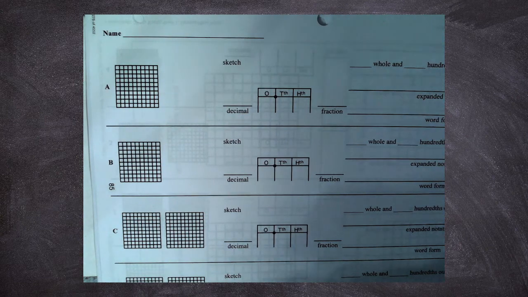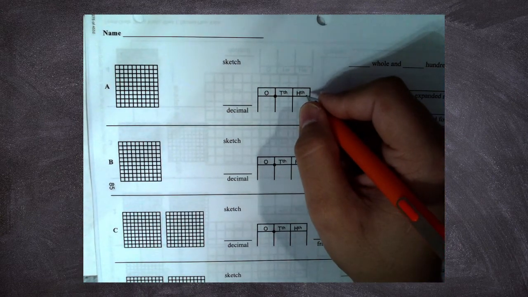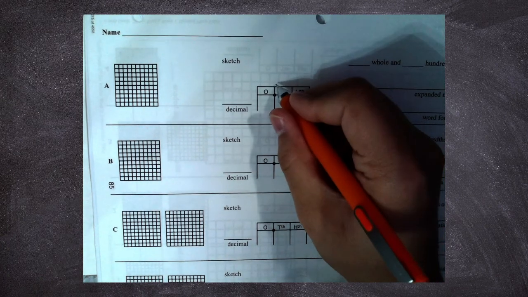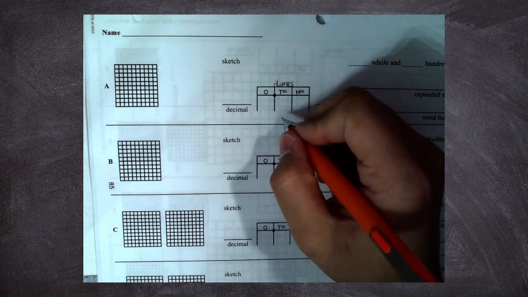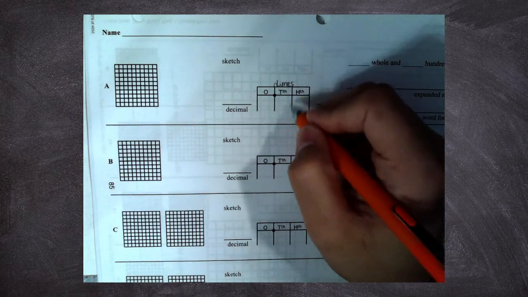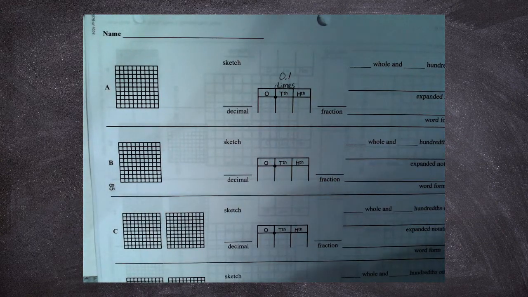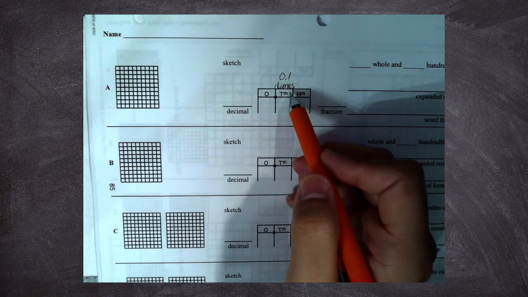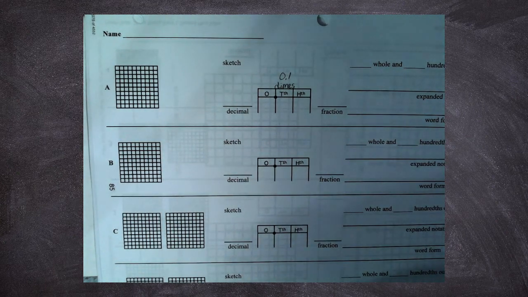The only difference is this one says hundredths. So I can't put dimes because it doesn't take 100 dimes to make a dollar. It only takes 10. So those are for our tenths. The tenths stay the same. I write dimes and I write 0.1 on top of the tenths place.